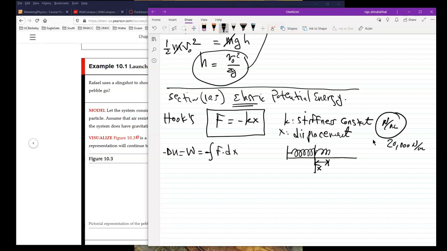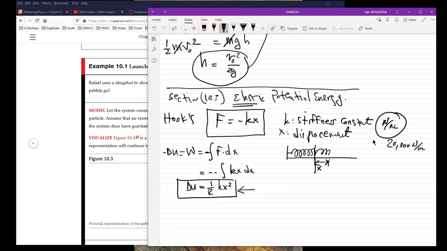So if I plug this in here, that's going to be minus kx dx, and that would become 1/2 kx squared. So in this case, delta U, or the potential energy U, is equal to that. Got it? So what does that mean?